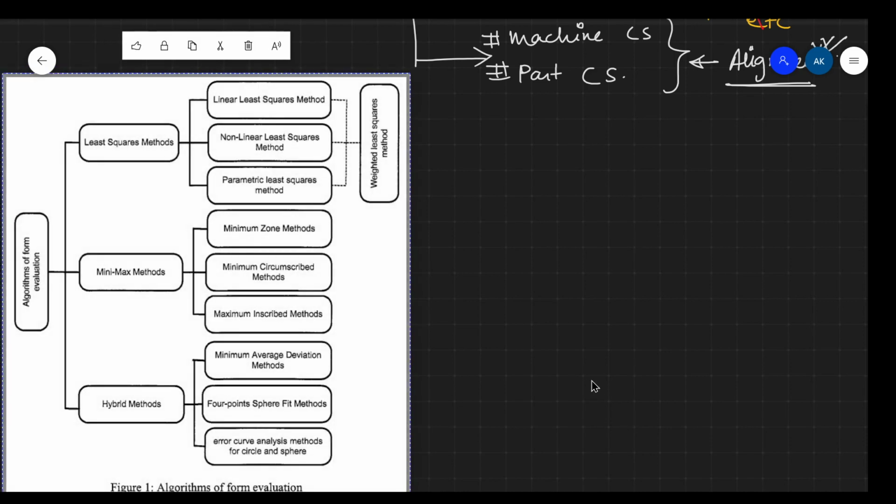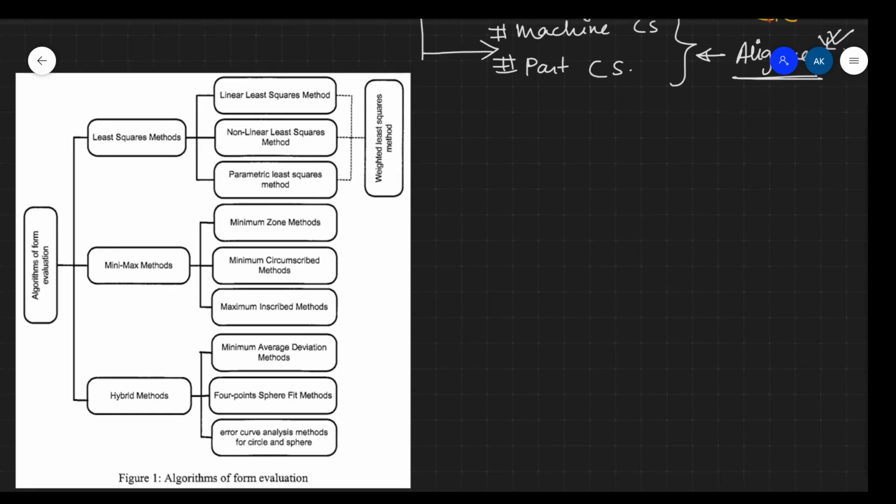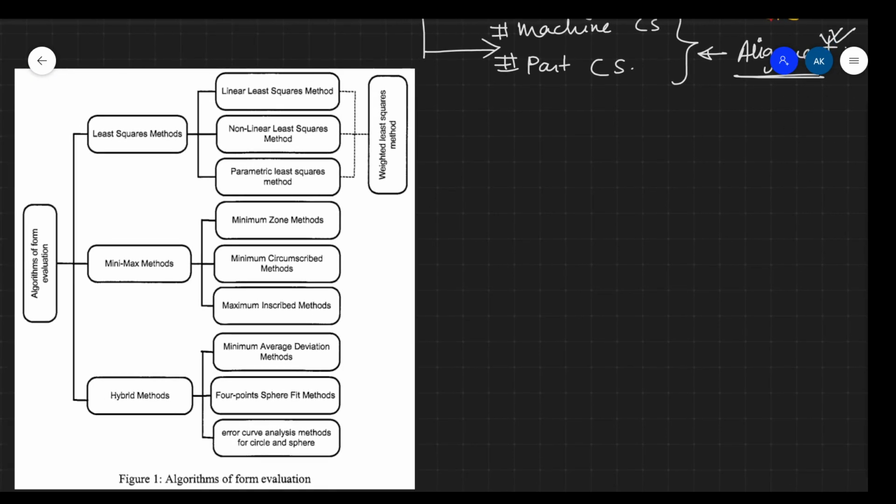See, these are some of the algorithms most commonly used, what we often use. First is the least square method. Second is the min-max method. Third is the hybrid method. Other than this, I will tell you two more, maximum zone and minimum zone.